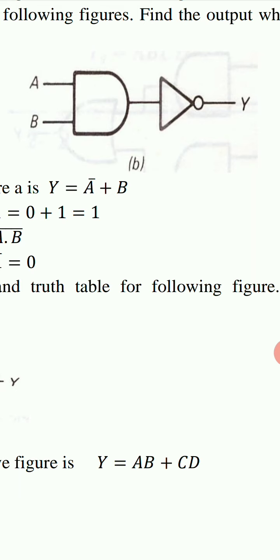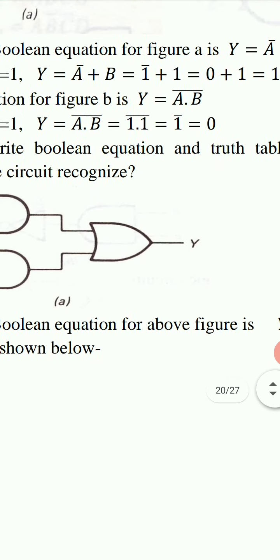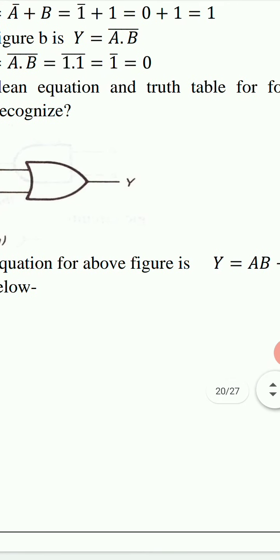So the output from this NOT gate, Y, will be equal to A dot B, whole bar. So the output of this second circuit will be Y equals A dot B bar.